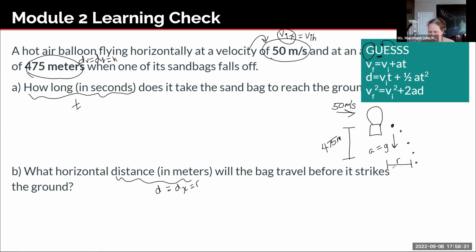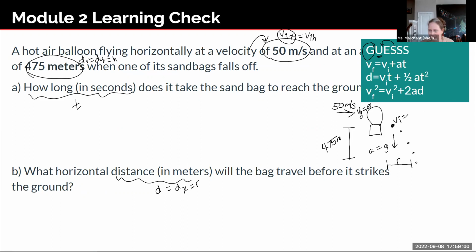Our range here is what we're going to be finding for part B. When I'm talking about this sandbag, the hot air balloon is going horizontally. But what am I only concerned with? Vertically. Vertically, what is the balloon doing? The velocity in the y is equal to 0. It's not going up and down. So this guy might as well have been dropped from rest, so its velocity initial equals 0.